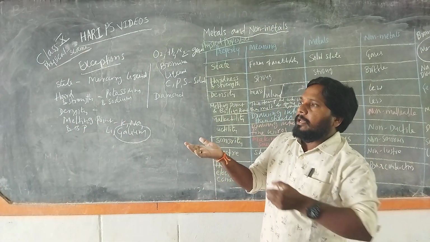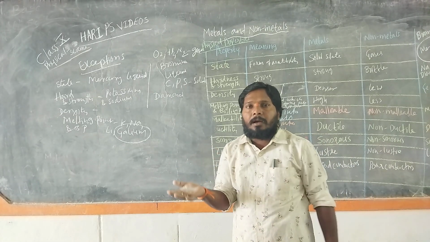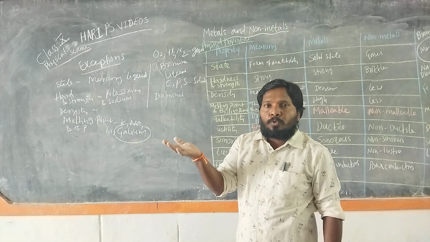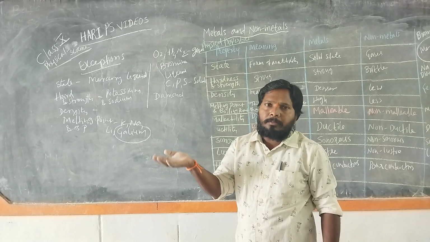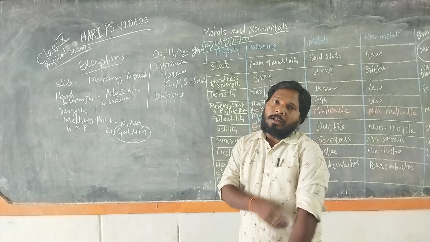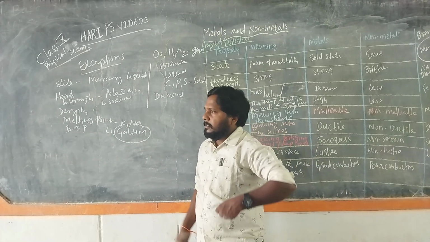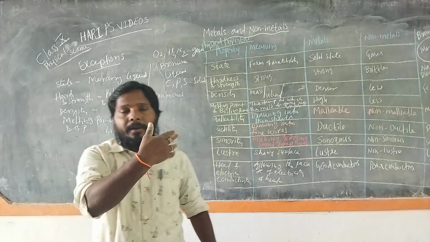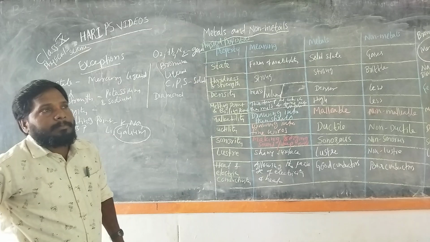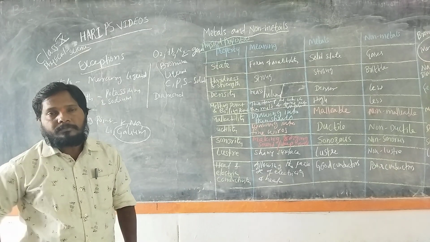If we place gallium in our palm, even at room temperature, it melts into liquid. The properties of gallium were estimated by the great scientist Mendeleev.